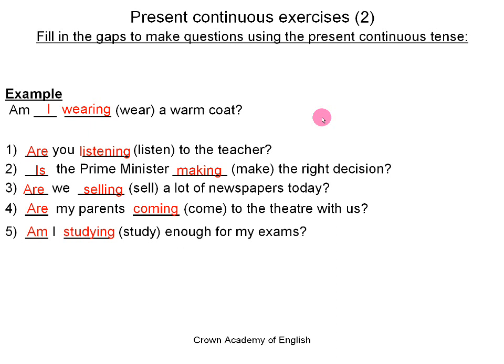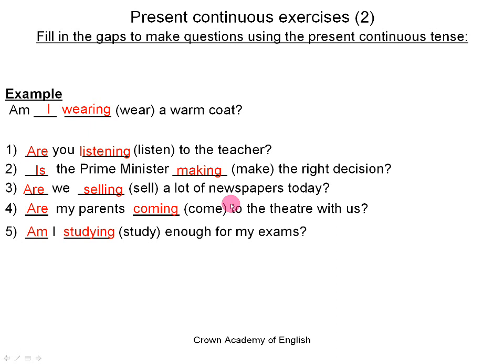Okay, so this was an exercise for making questions using the present continuous tense. Just one comment here. If you look at question 4, we want to make a question out of the verb to come, so we want to create the ing form of the verb to come.